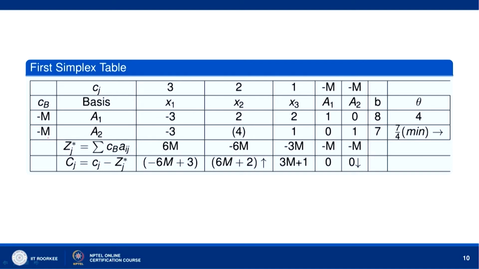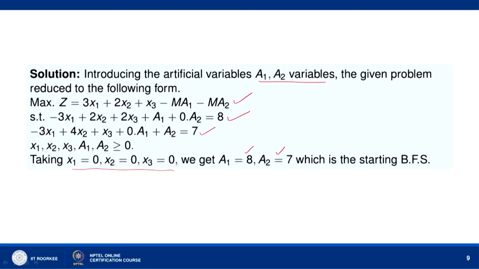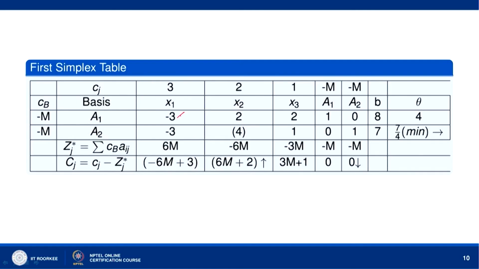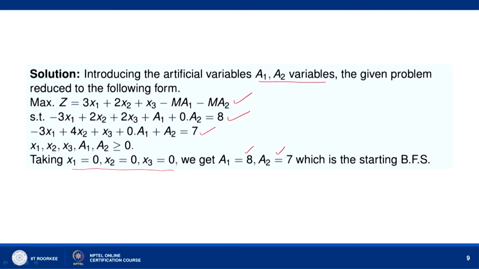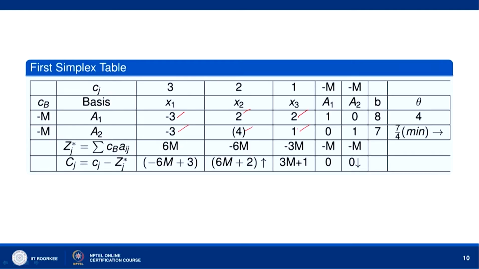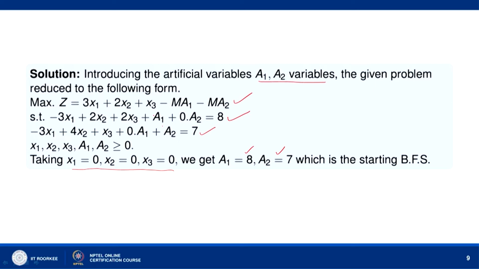So, we put them here, and the coefficients in the x1 column are minus 3, minus 3. In the x2 column we have 2, 4. So, minus 3, minus 3, 2, 4, and then x3 column coefficients are 2, 1, okay. So, 2, 1 here, A1 coefficient is 1, here it is 0.